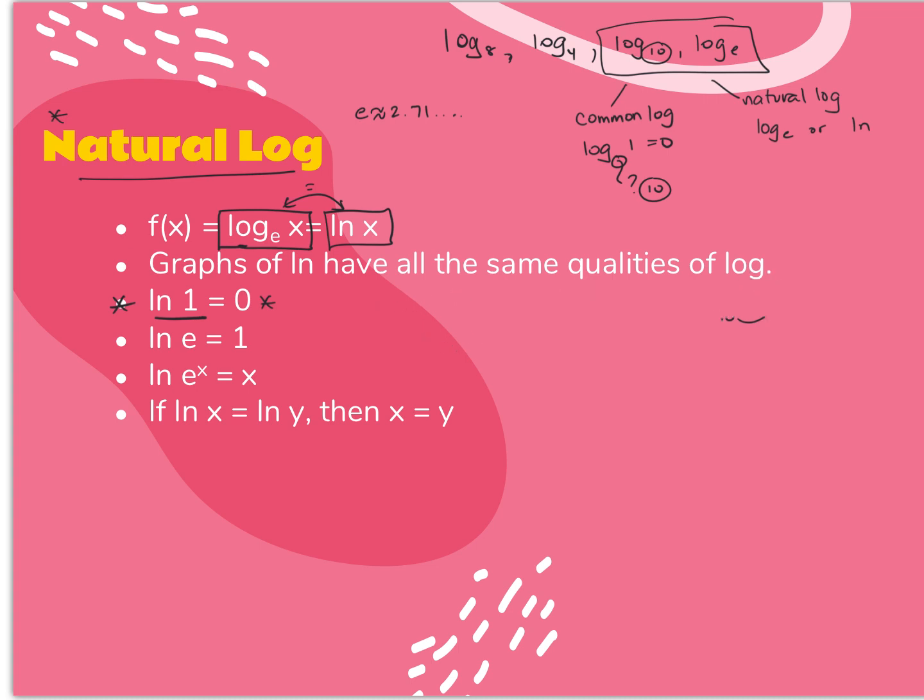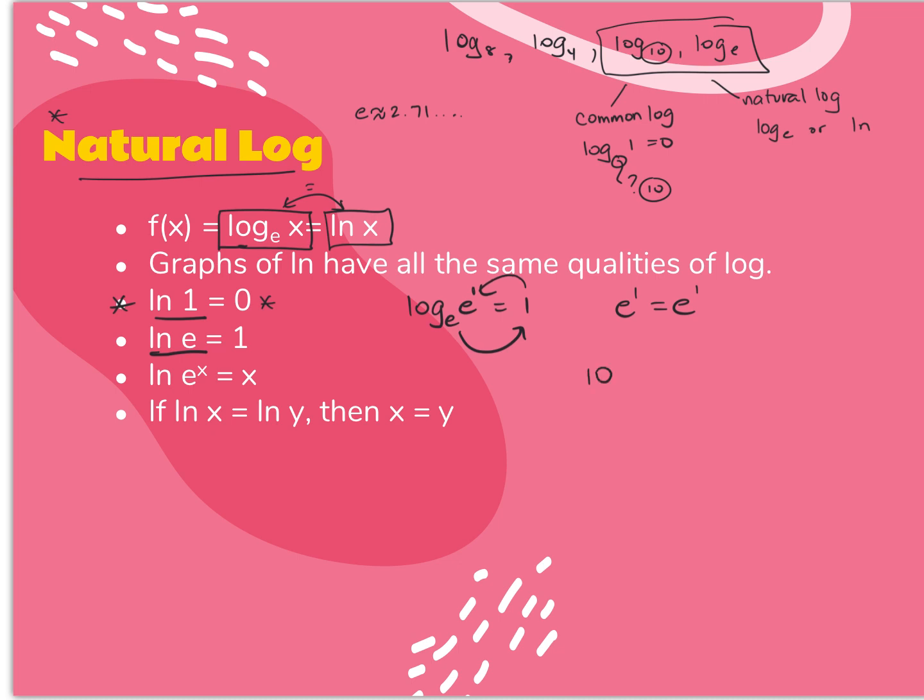Okay? The second one says that the natural log of e equals 1. Well, let's think about that. The natural log of e is log base e of e equals 1. Well, let's write this out. e to the 1 power equals e to the 1 power. Remember, this is like e to the 1 power. And so, yeah, I see that if I write it out, it's true. And this works for anything, not just log base e.